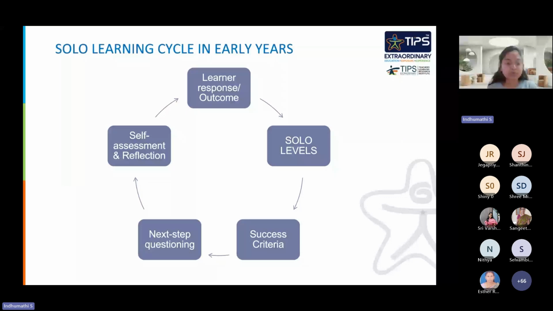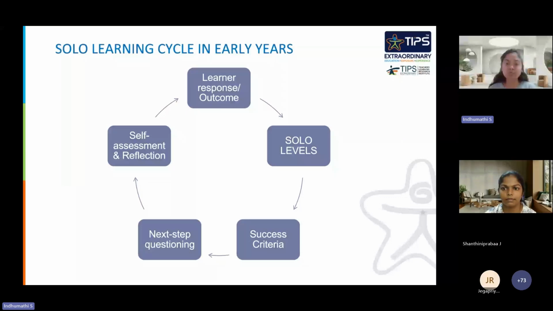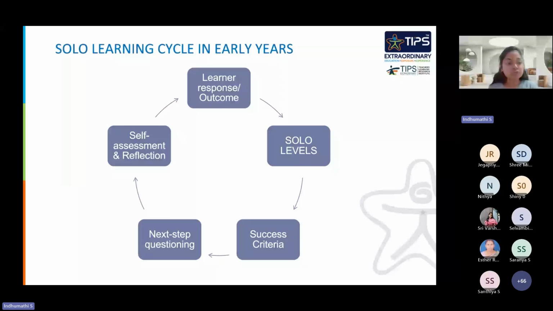And for the same success criteria, we saw one activity, and in that activity we saw how, through questioning, we can support the learners to move from one level of thinking to the next level. So here the next step questioning plays a very important role. The planned right next step question is very important. And then we can use the SOLO visual tools for self-assessment and reflection.